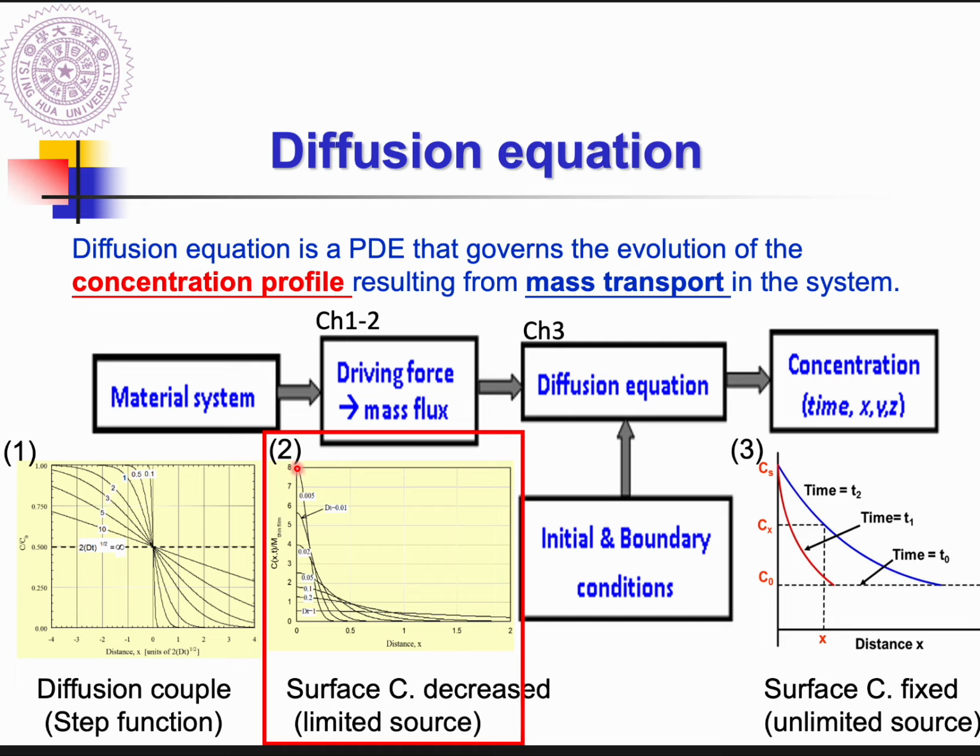So under these situations, the surface concentration of these diffusing atoms will decrease over time. So the characteristic of this type of material system is that the concentration of diffusing atoms on the surface will decrease over time.